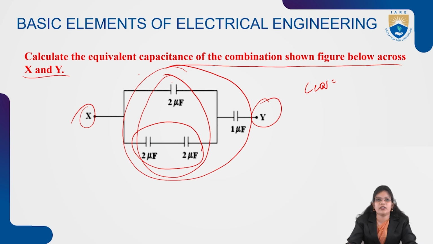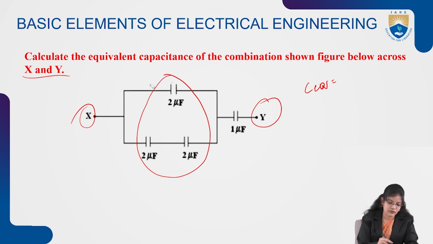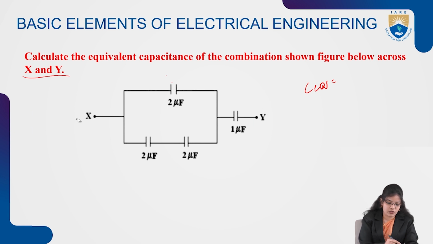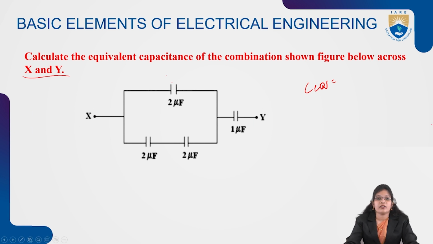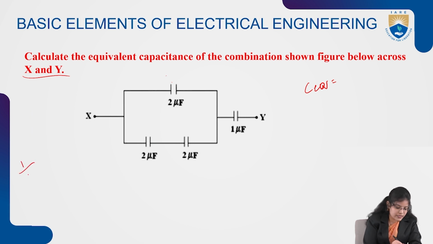So after solving these three steps, we'll get C equivalent. So first we'll reduce these two series capacitors. When the capacitors are connected in series, we have to use the formula 1 by C is equal to 1 by C1 plus 1 by C2.